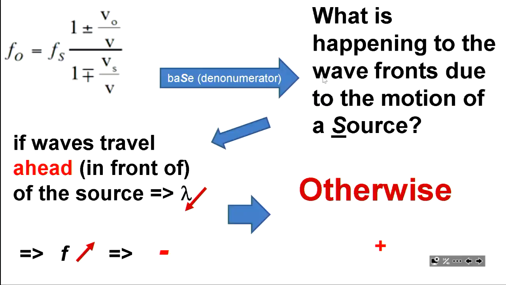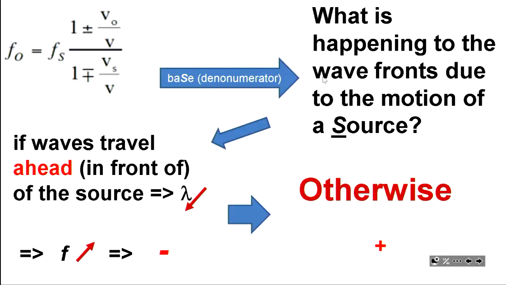When the source is moving, well, that was the question number 2 today. When wave fronts are in front of the moving source, wavelength shrinks. That makes frequency higher. To achieve that, we have to decrease the denominator. To achieve that, we have to choose a minus.